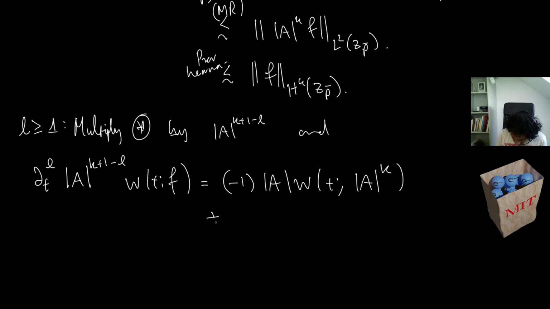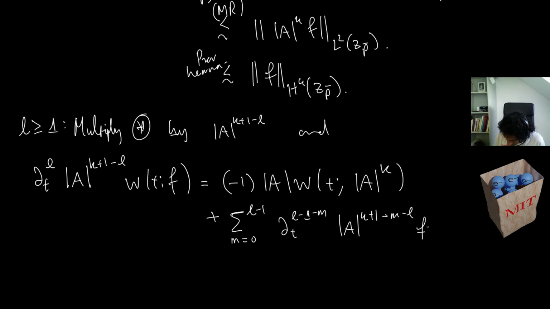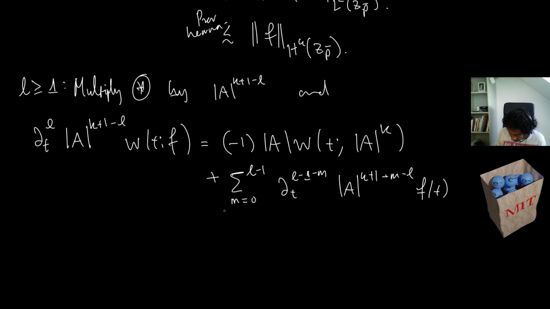And now we have this sum, m equals 0 to L minus 1, partial t to the L minus 1 minus m, modulus A to the k plus 1 plus m minus L, f of t. But the point here is that this is really a lower order term, it's a lower order norm, right?